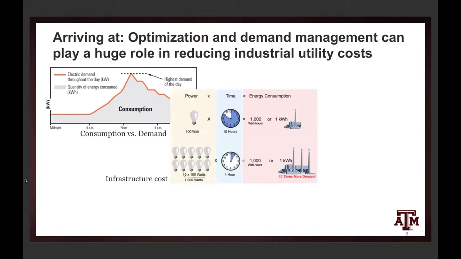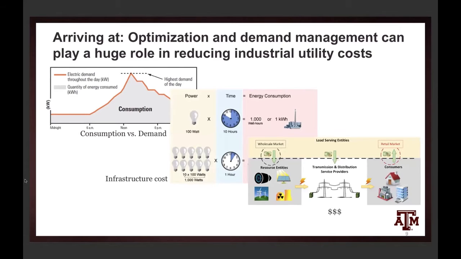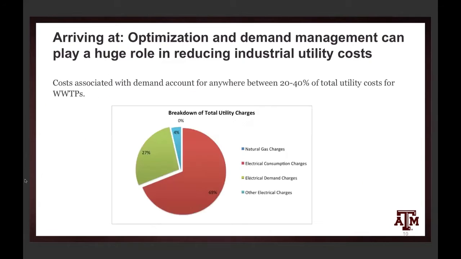Well, because there are infrastructure costs related to varying demand capacities and how the infrastructure is connected to a specific plant, and those costs need to be passed on to the plant as a specific demand charge.